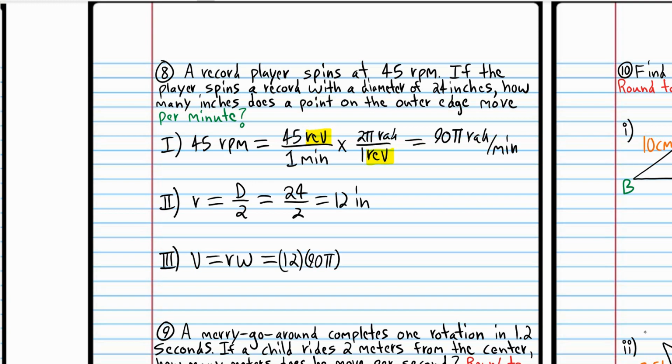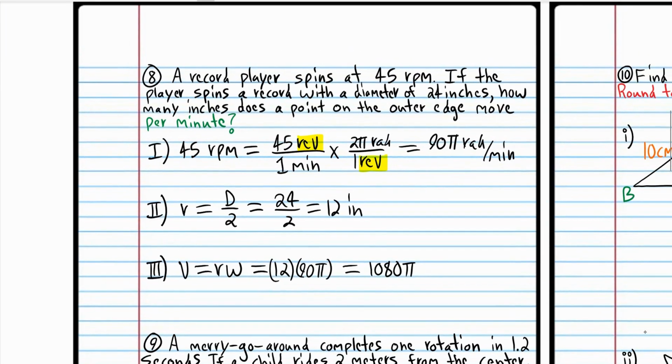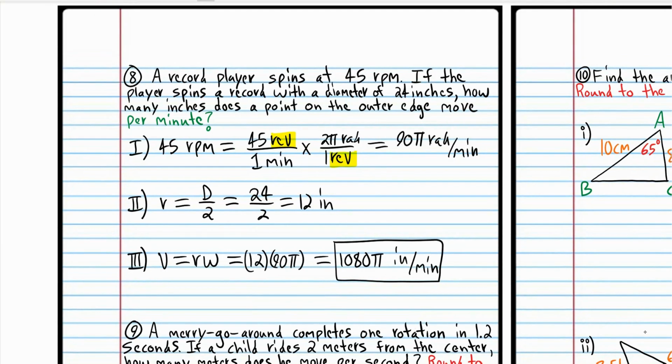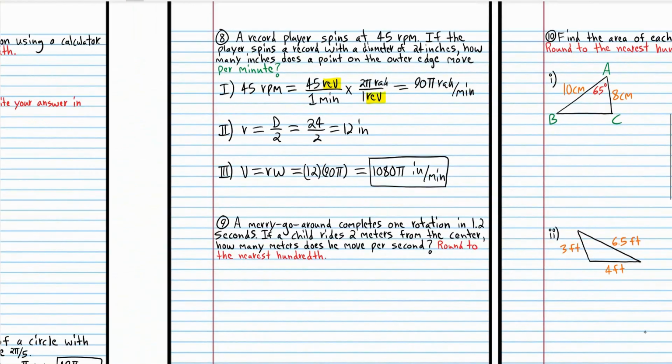So 90 times 12 is 1080. And our units are inches per minute. So if you got that answer, excellent. Okay, so let's try number 9.